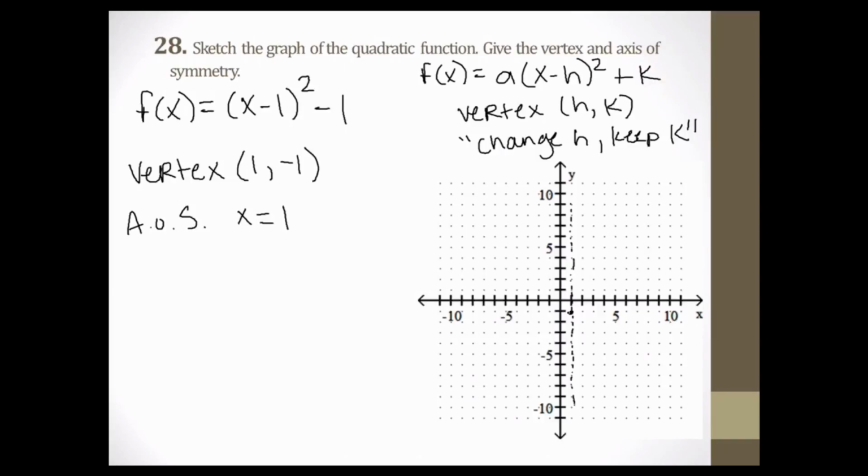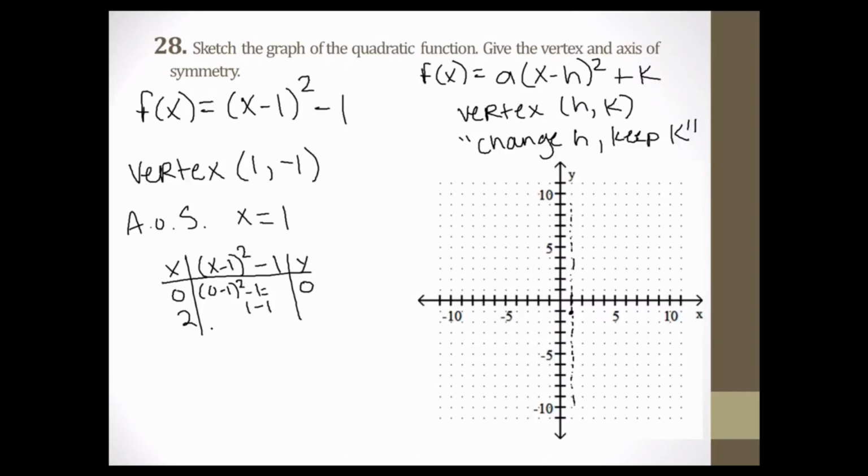Okay, so if you think about it like this, we'll plug in values. So let's use when x is 0 and when x is 2. Our function is (x minus 1) squared minus 1. So when x is 0, we would have (0 minus 1) squared minus 1. That's negative 1 squared, which is 1. 1 minus 1 is 0. These are my y values.